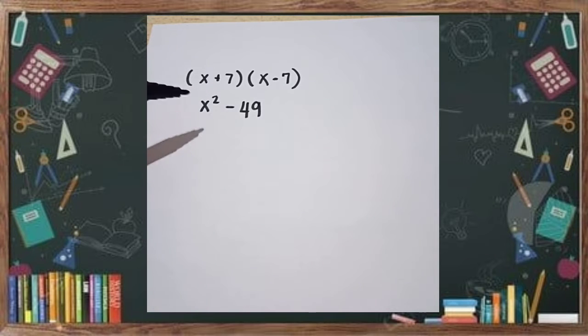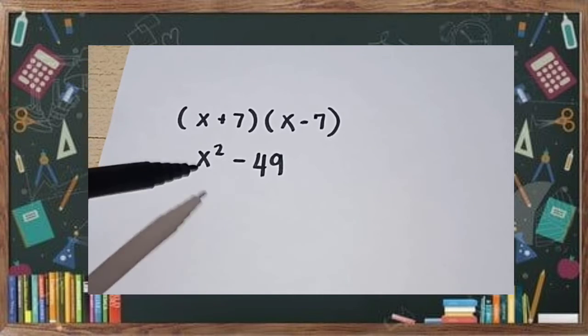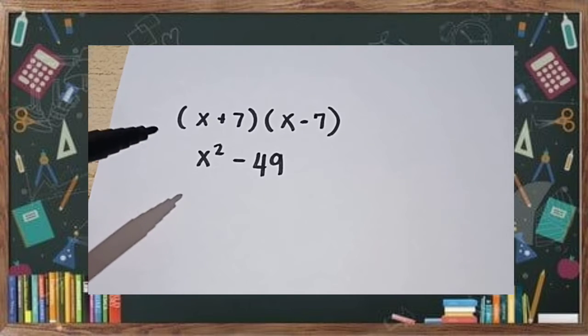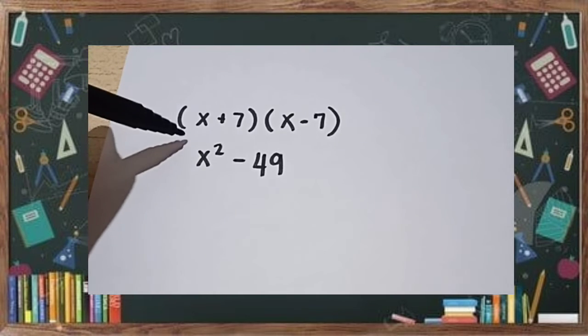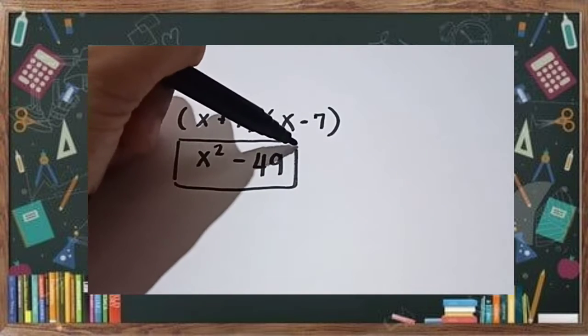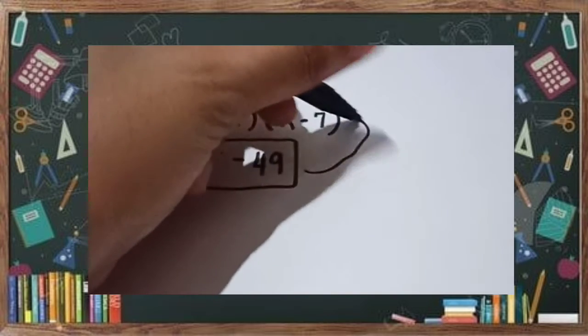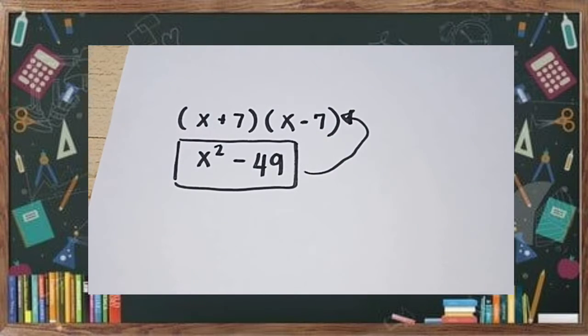Therefore, ang ating product ay x squared minus 49. Ngayon, ang ating mga ipa-factor na ay yung tinatawag na sum and difference of two squares. Kung saan, makakakita na tayo ng mga ganitong example and given na kukuhanin natin yung kanilang mga factors.